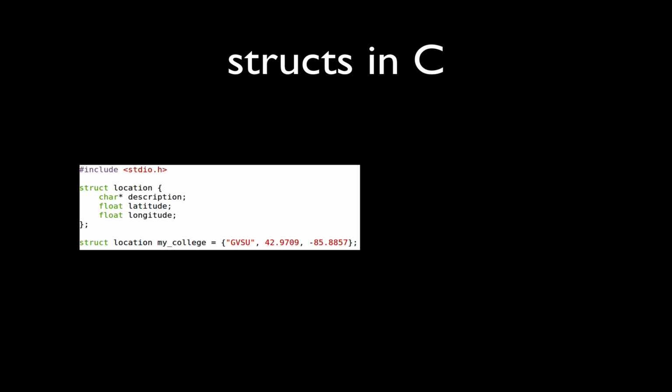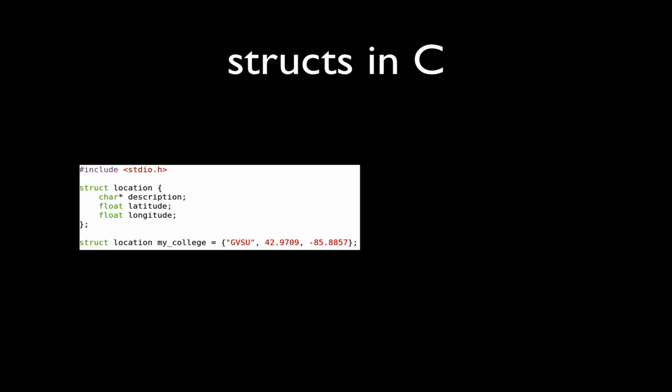In my case, the location consists of a character pointer to a description string, and then two floating point numbers, a latitude and a longitude, representing the geocoordinate of that particular location.